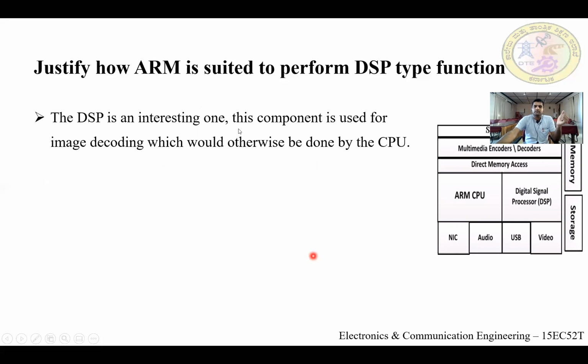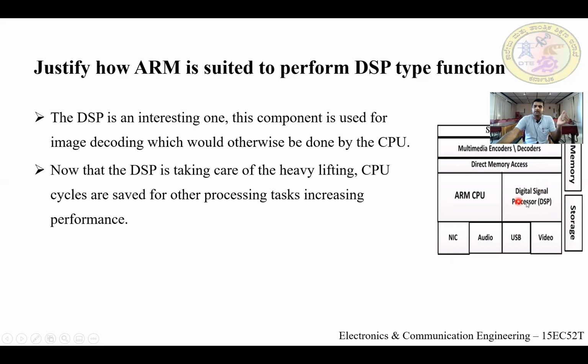DSP is an interesting thing. This component is used for image decoding, which would otherwise be done by the CPU. So the ARM CPU will be there, and a separate digital signal processor will be there. This processor will do the DSP action, and that will be given to the ARM processor. Therefore, it will speed up the processing.